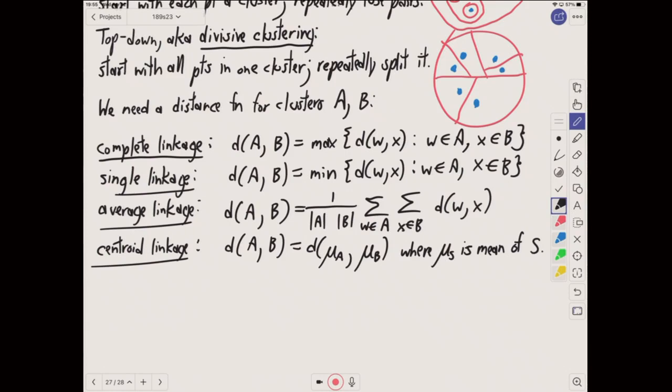Now, just like with k-means, it only really makes sense to use the mean if you think your points are in a Euclidean space. If you think of your points as being with some other distance metric, don't use the centroid linkage.